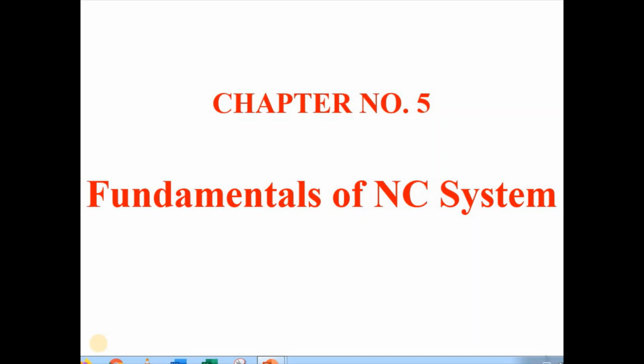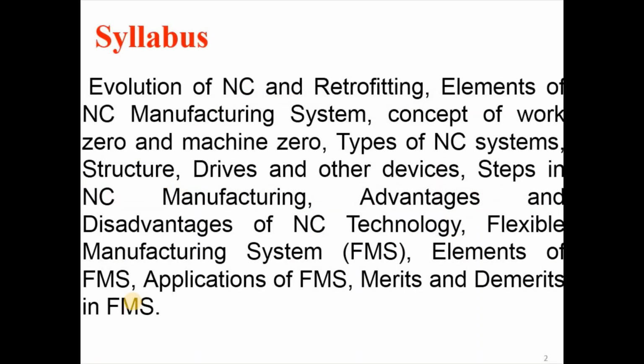In the previous lecture we have seen manual part programming. Today's lecture we will see chapter number 5, fundamentals of NC system. In that we will see evolution of NC and retrofitting, elements of NC manufacturing system, concept of work zero and machine zero, types of NC system, structure, drives and other devices, what are the steps in the manufacturing, their advantages, disadvantages, flexible manufacturing system, elements of flexible manufacturing system, some applications and advantages and disadvantages in flexible manufacturing system.